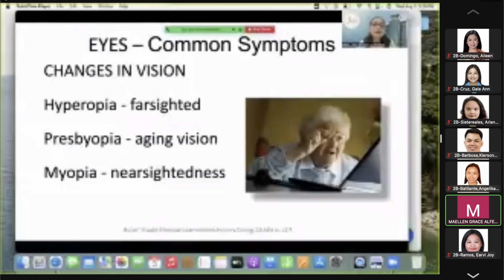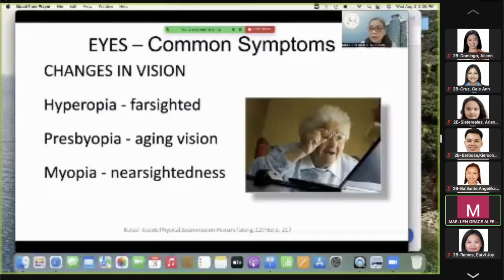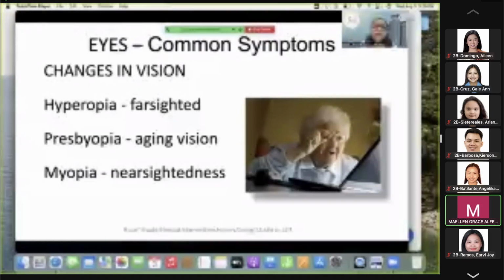First would be farsightedness or hyperopia, wherein you have problems in your vision, such as reading newspapers or books. Now, aging vision has been synonymous to farsightedness because as we age, we have problems with the near vision, and we call the aging vision as presbyopia.